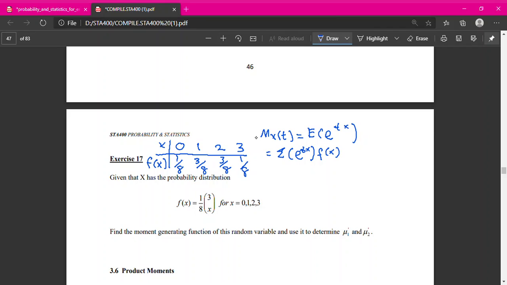Okay, so we should calculate e^tx multiply dengan each f(x). The first one will be e power of t times 0, kan, x is 0. Okay, multiply dengan 1 over 8, which is the f(x). Plus e^t multiply 1 multiply 3 over 8.